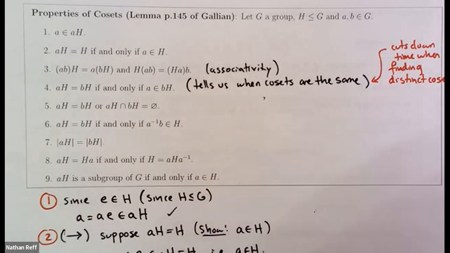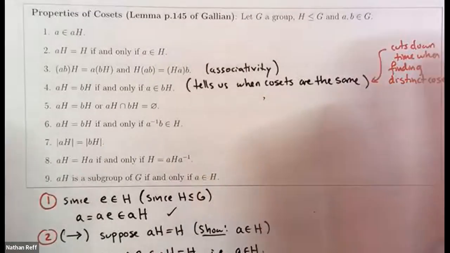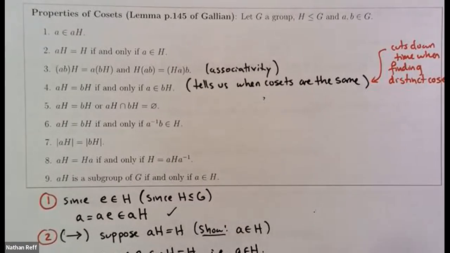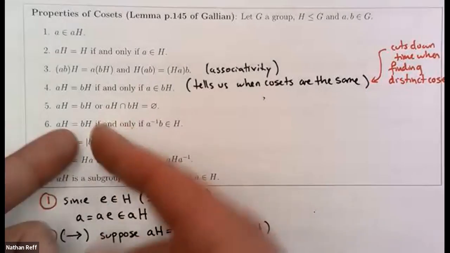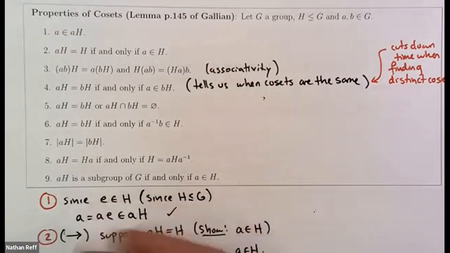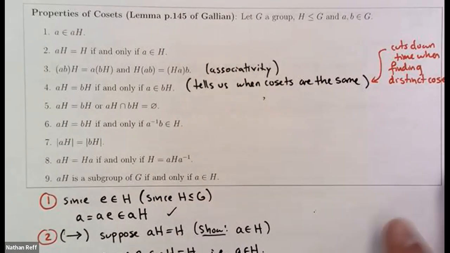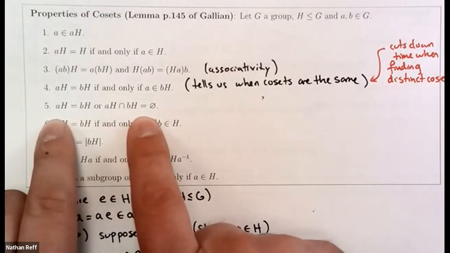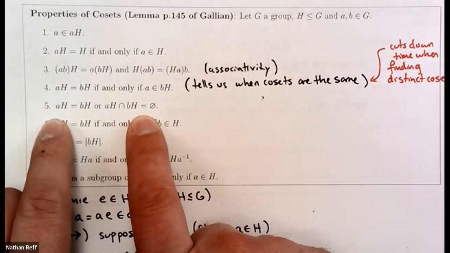So if you calculate two cosets, you're either going to get the same coset or they're disjoint. In other words, that's the property of a partition. This is really just saying that cosets are disjoint from one another, or they are just the same thing. You're either calculating the same thing or you're getting completely disjoint sets. And that's fundamental to getting a partition.